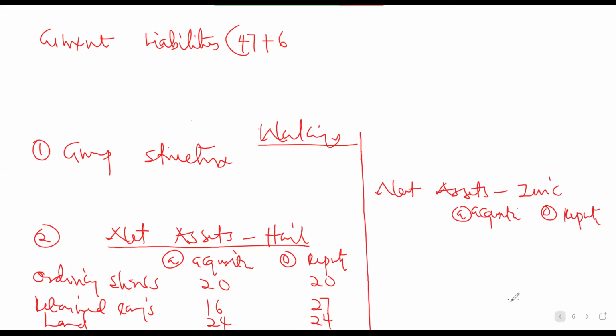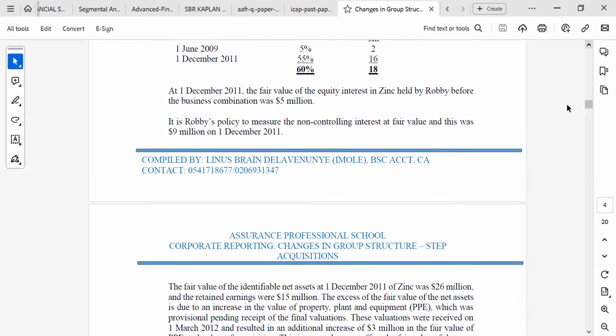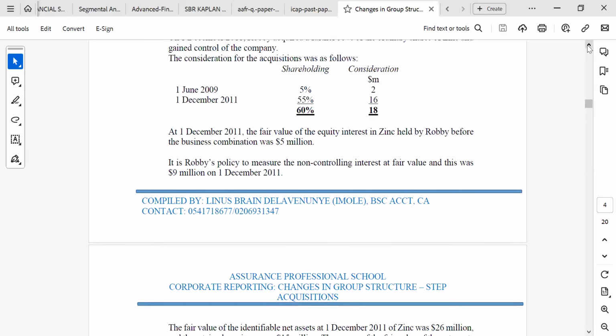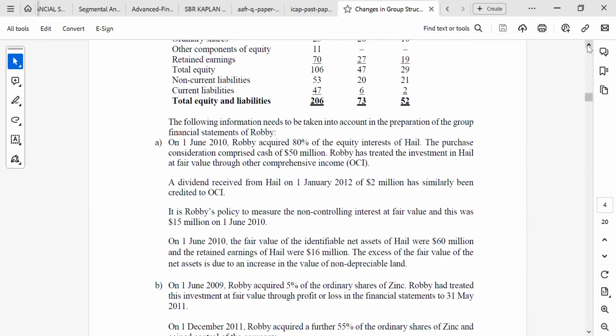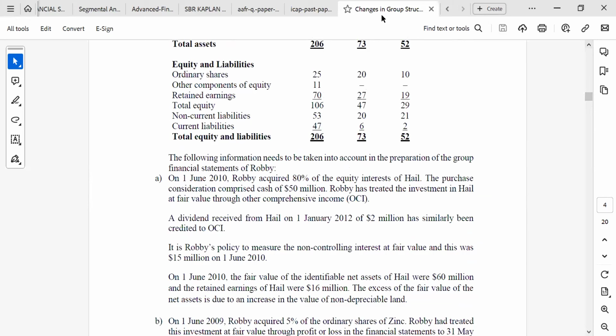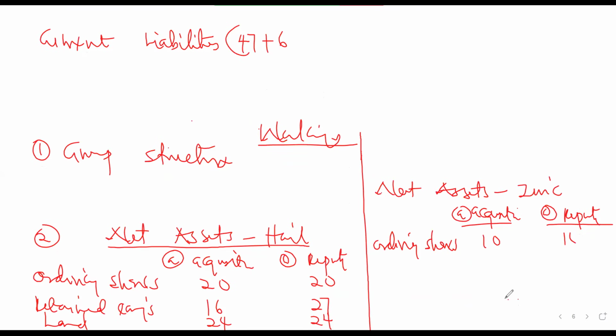What is their ordinary shares? It is 10 million, both at acquisition and at reporting. So we have 10 million, 10 million.